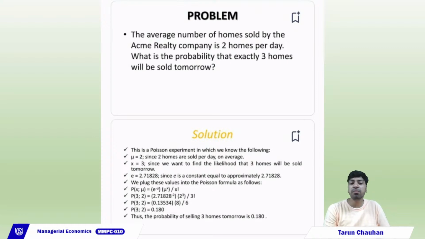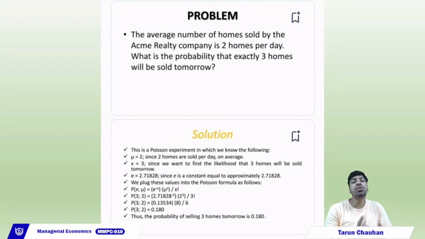So the mean is 2, since 2 homes are sold per day on average. X is 3, because the question asks for the probability of exactly 3 homes.